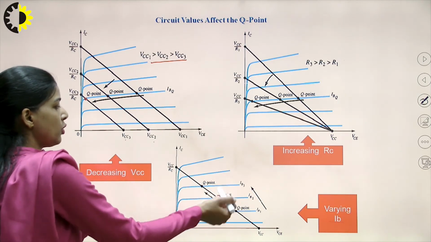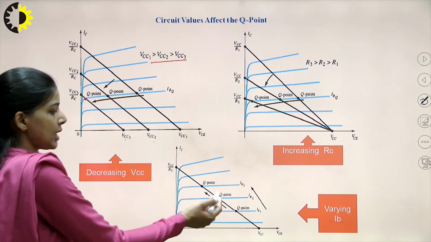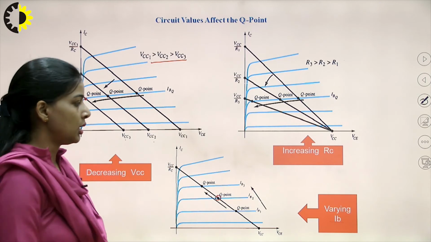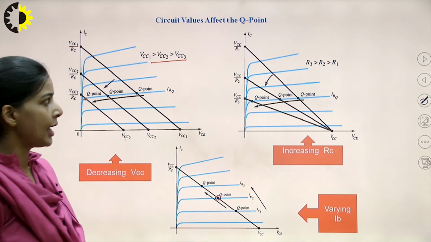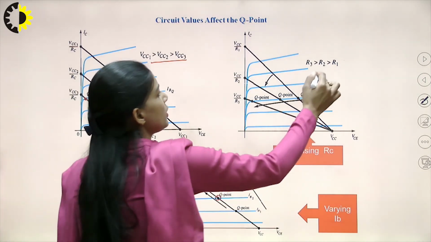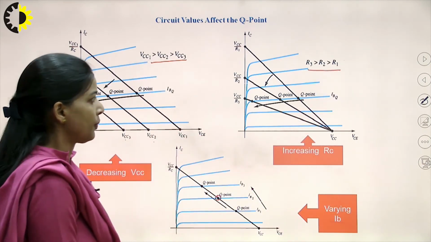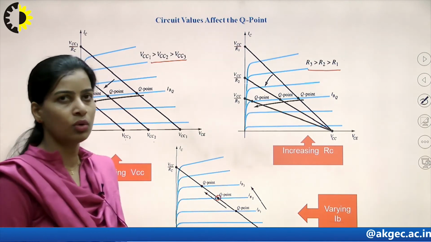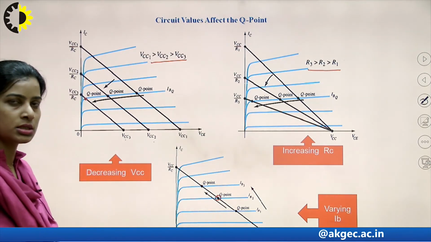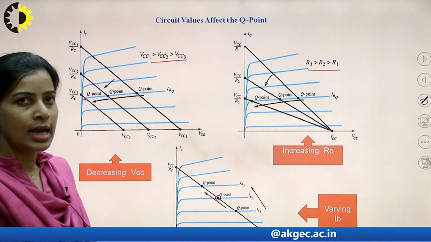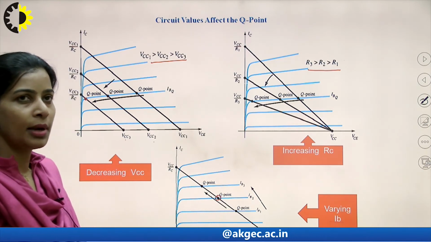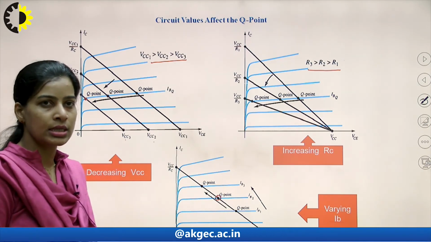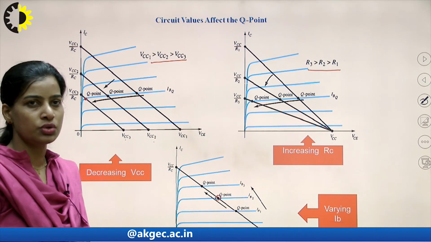With increasing IB, it is shifting upwards, and with decreasing, it is shifting downwards on the characteristics. Similarly, with the variation in resistance, it varies from top to down. So, we can say that it is dependent upon the VCC, resistance and the current values of the system.